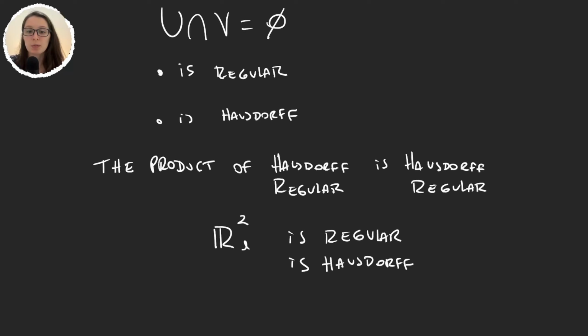So the question is, well, is it normal? And we will see that no. This will be a good example to see that the product of normal spaces is not necessarily normal, and also that a space can be regular without it being normal. So we'll see this in the next video.